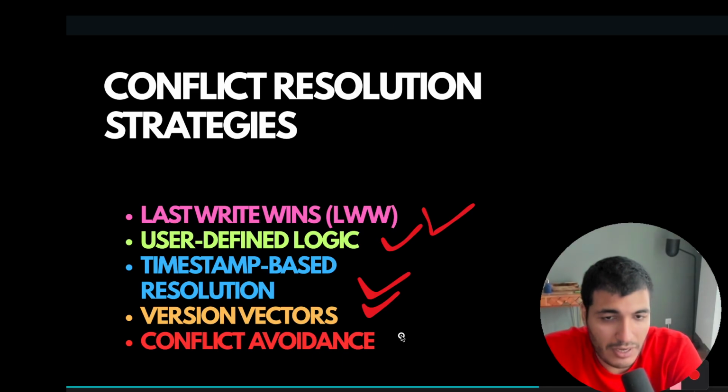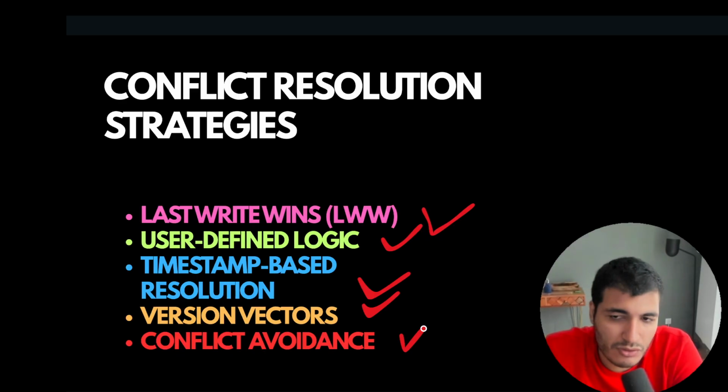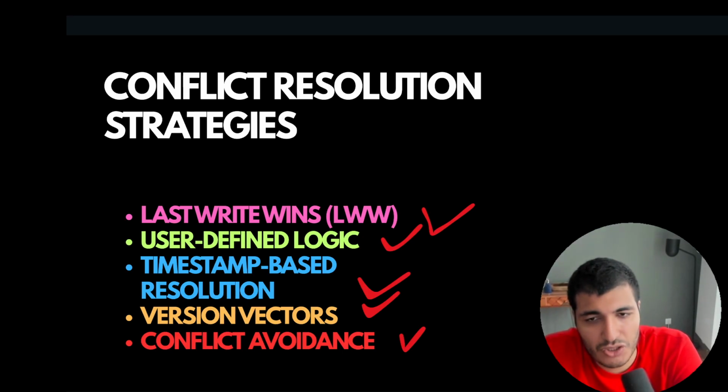And lastly, we have conflict avoidance. Sometimes the best strategy is to design your application in a way that minimizes the chances of conflict in the first place. For example, by partitioning data logically so that specific data types or user segments are always written to only one master, even in a multi-master setup.